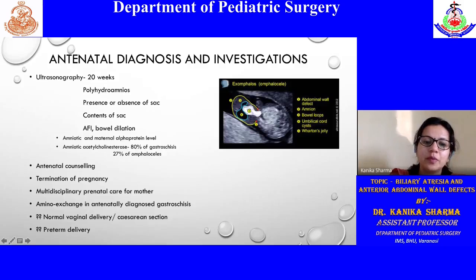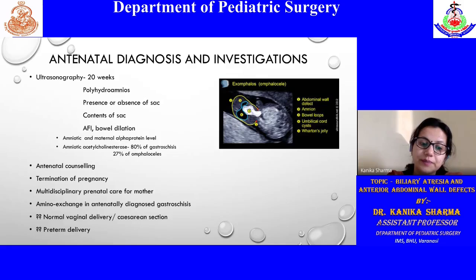The most important concern of the parents is whether they should keep the child or not. If the diagnosis is made by 20 weeks, one has to counsel likewise. We have to plan whether to terminate the pregnancy, or if they come late, then we have to guide the pregnancy along its course.